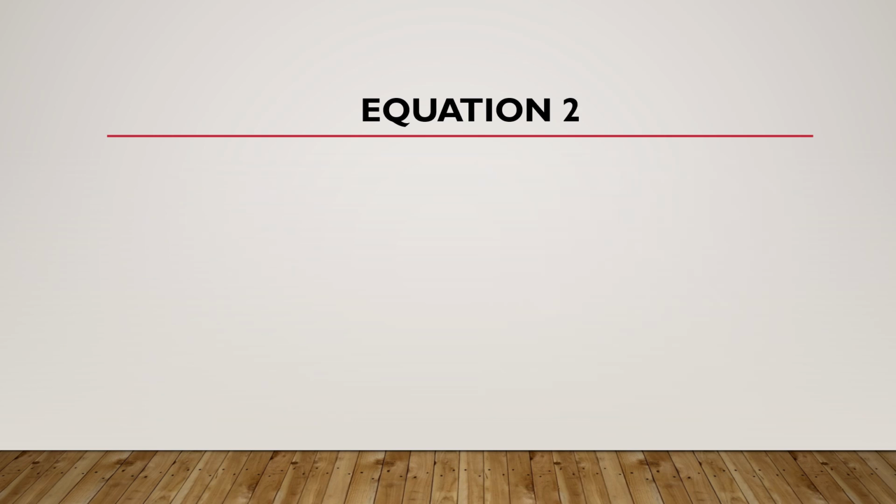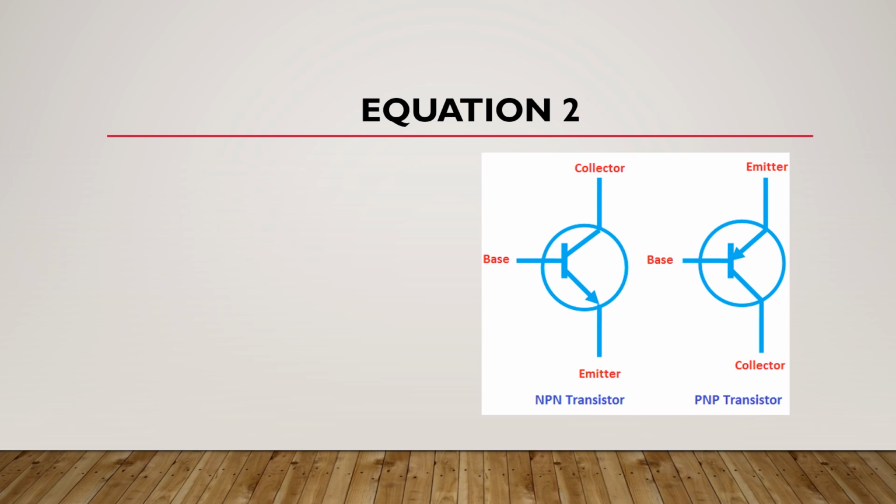Okay, now look at this figure. As you can see, in an NPN transistor the base is at higher potential than the emitter. So here the voltage drop across the emitter-base junction will be VBE. Once this transistor is in the on state, the voltage drop between base and emitter is VBE, which is equal to VB minus VE, and it is assumed to be 0.7 volts if we're talking about an NPN transistor.